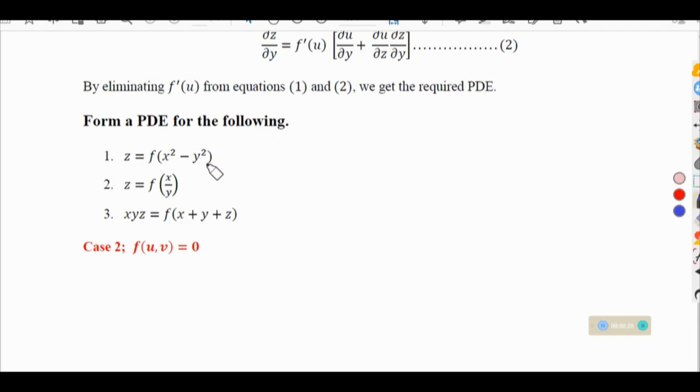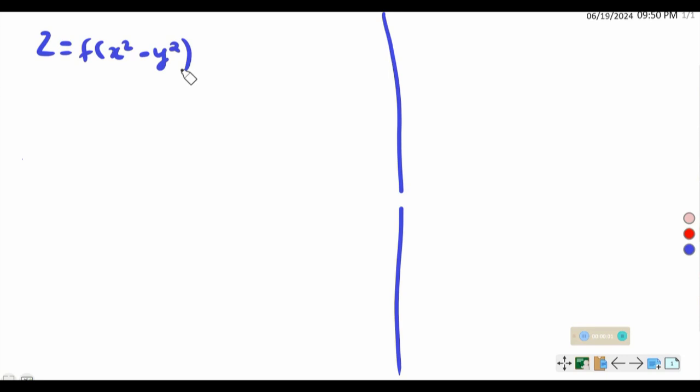Question number 1 says z is equal to f of x squared minus y squared. Our main task is to eliminate the function f. How do we do that? Let us look at the solution. We want to eliminate the arbitrary function f.